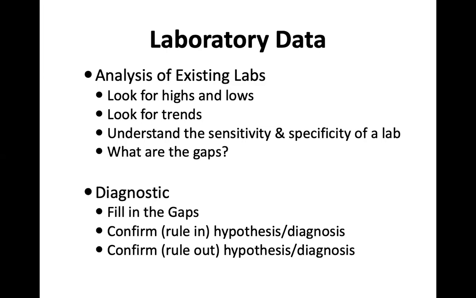Then we would maybe do an iron level, ferritin levels, and/or folate, depending upon which way the MCH is going, if it's low or high. Those are the kinds of things that are gaps. Hopefully that helps.